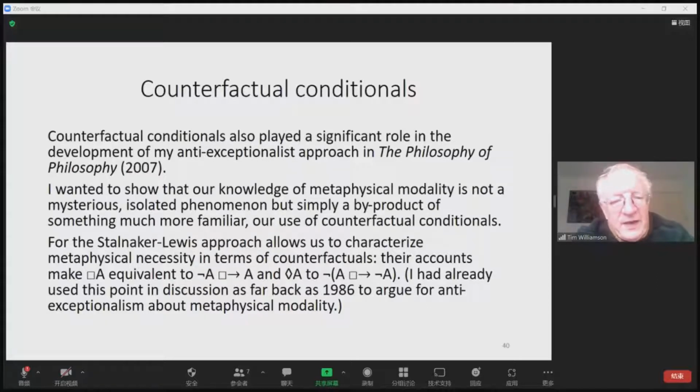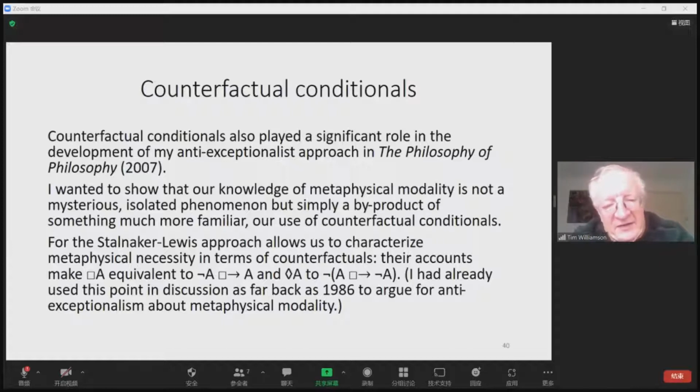But when you work out how their semantics applies to such cases, you realize that's right: if A is necessary, then not A is impossible, and since all counterpossible conditionals on their view are true, not A counterfactually implies A. And for a very similar reason, possibly A is equivalent to it's not the case that A counterfactually implies not A.